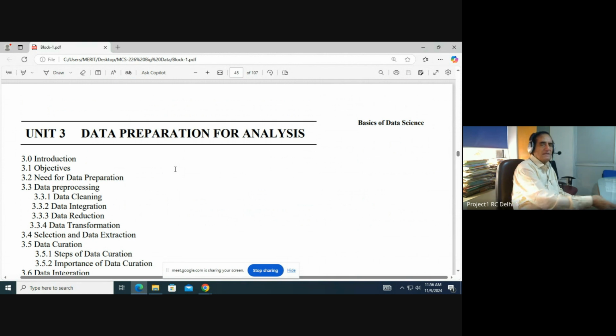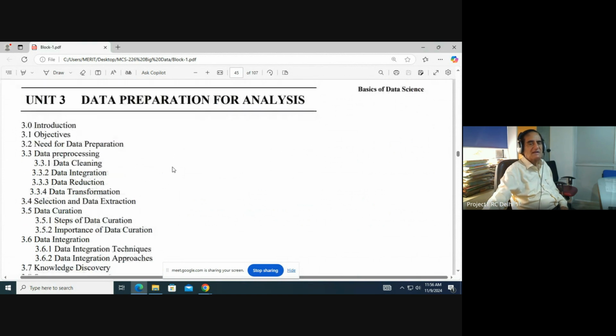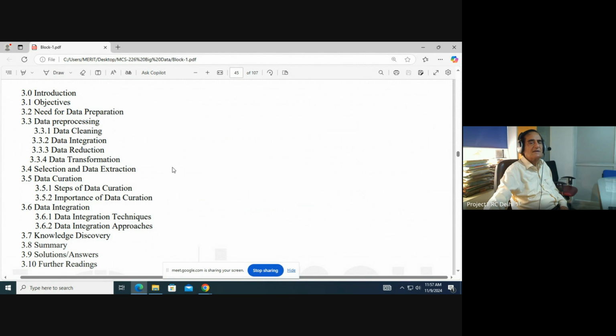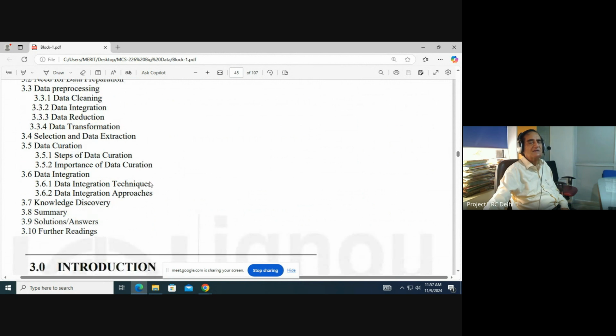So that's introduction, objective, need of data preparation, data pre-processing, data cleaning, data integration, data reduction, data transformation. रिडक्शन क्यों करना है वो भी देखेंगे. Selection and data extraction, data curation, क्यों curate करना चाहते हो डेटा को, steps of data curation, importance of data curation, data integration क्यों करना चाहते हो, और data integration approaches, knowledge discovery, that's most important.